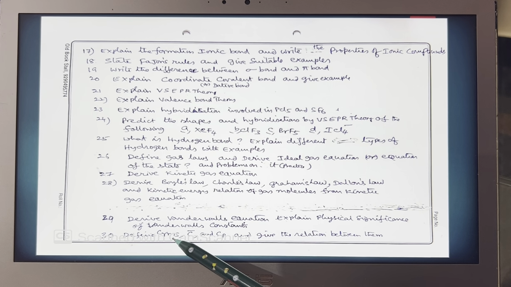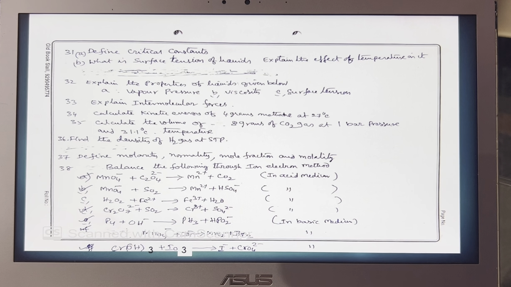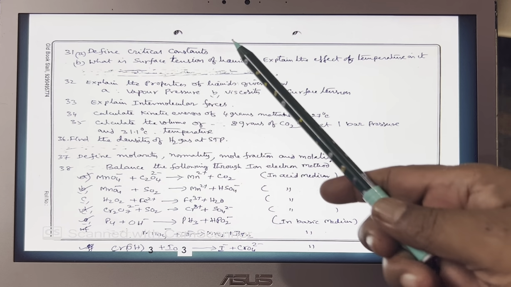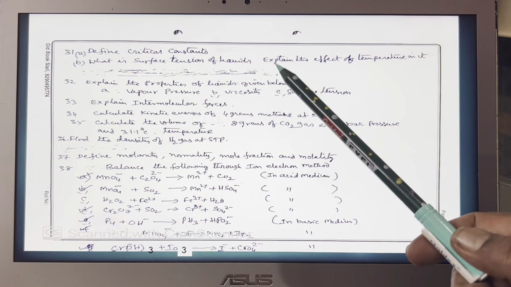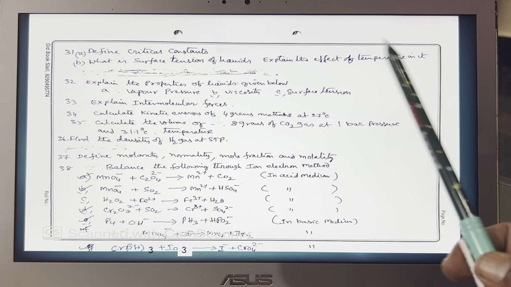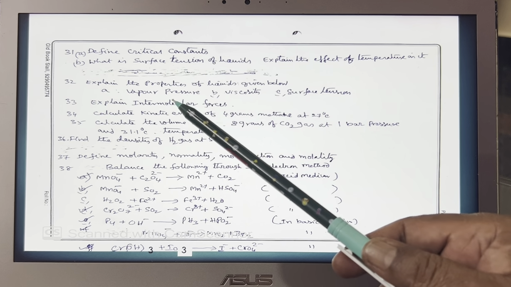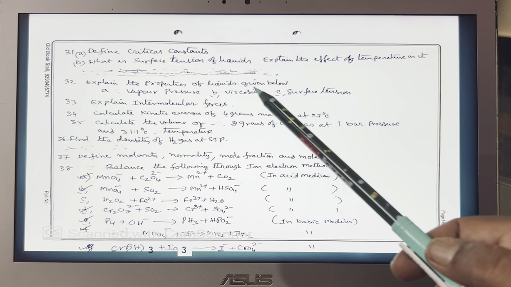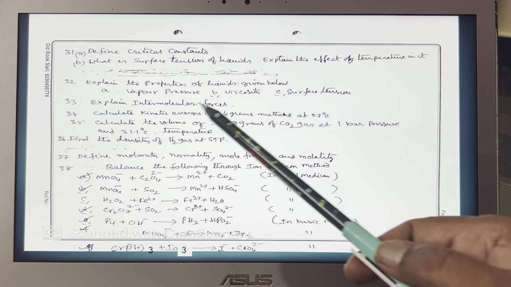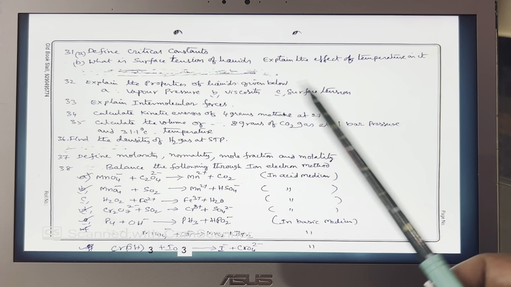Define C rms, C bar and Cp and give the relations between them. Define critical constants. What is surface tension of liquids? Explain the effect of temperature on it. Explain the properties of liquids given below: vapor pressure, viscosity, surface tension.